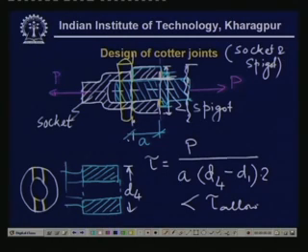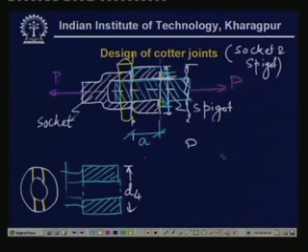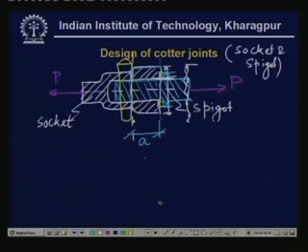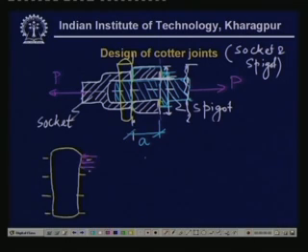Now comes the most important thing, that is the cotter. Now let me draw the free body diagram of the cotter. This is the cotter, and there are 3 parts again. This part is going to the socket, and we have a compressive stress.